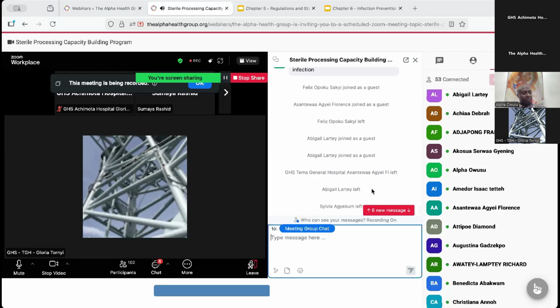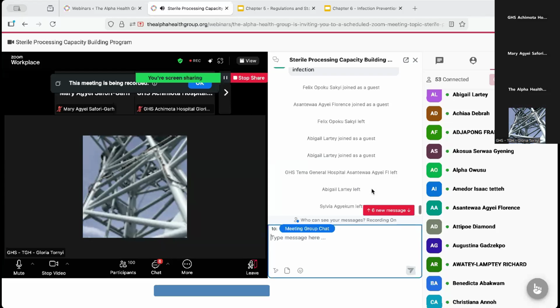And we have precautions that we put in place: hand washing, PPEs, decontamination and sterilization, housekeeping, and waste segregation. So if all these precautions are put in place well, you will prevent infection from spreading.